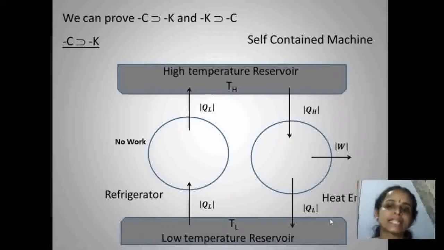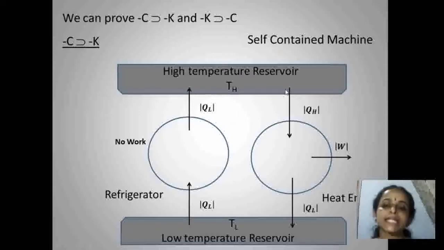So what will be the net change in the high temperature reservoir and low temperature reservoir? If these two are considered together, then we have to consider the total change in the high temperature reservoir and the total change in the low temperature reservoir. What is the net heat taken from the high temperature reservoir here? QH quantity is taken from the high temperature reservoir and it receives QL quantity of heat.